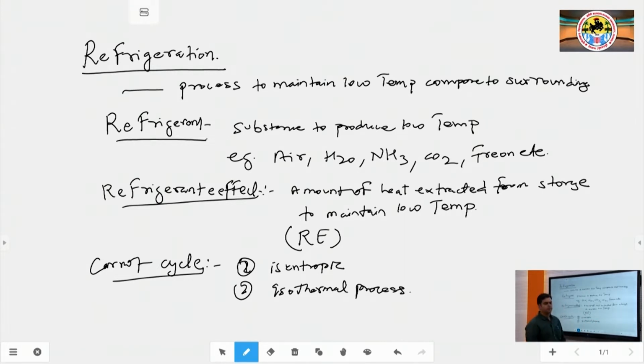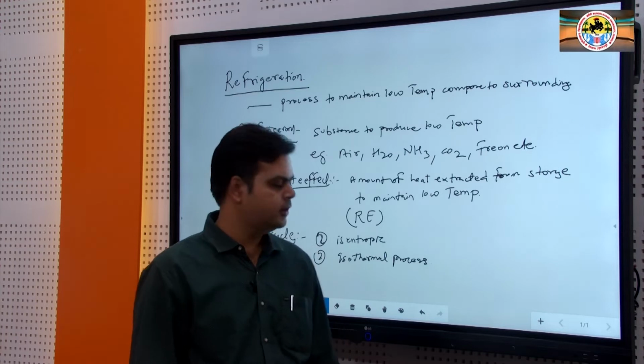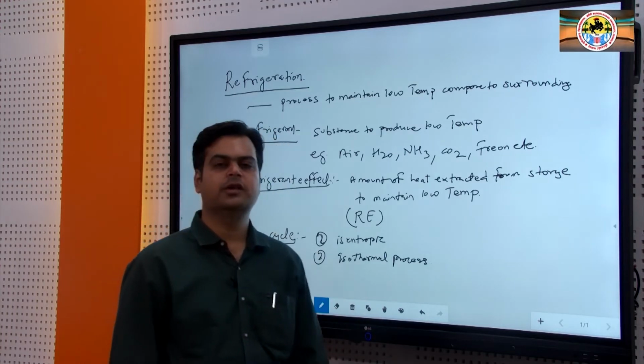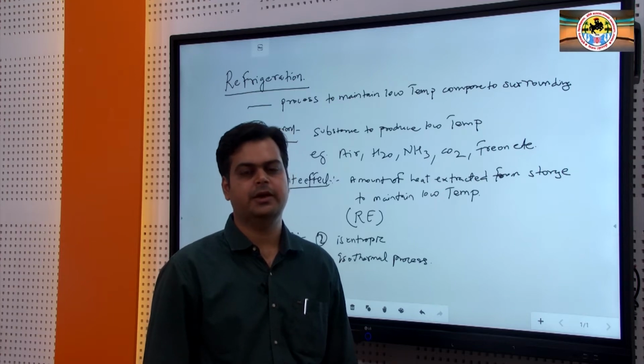In the isentropic processes, there is isentropic compression and isentropic expansion, and in the isothermal processes there is constant temperature heat addition and heat rejection.